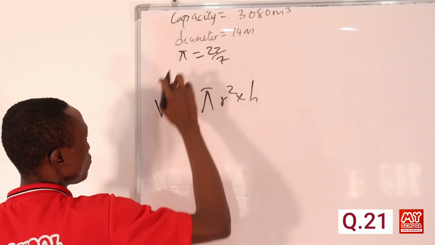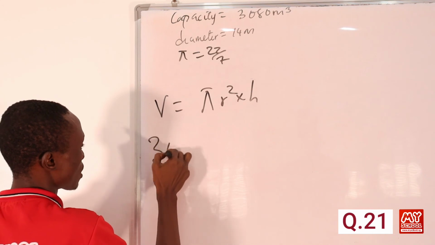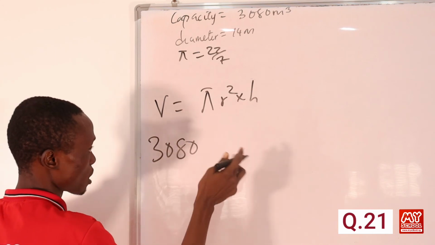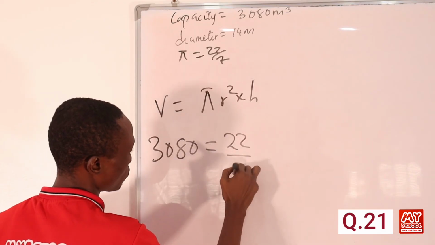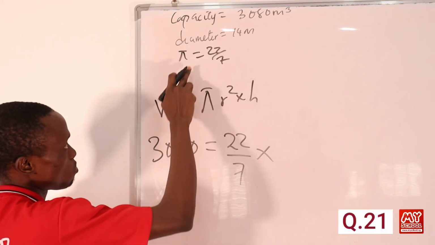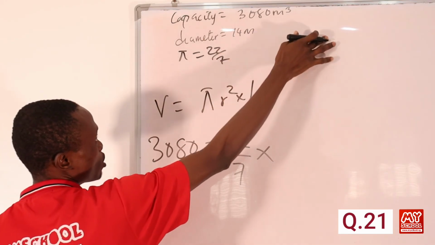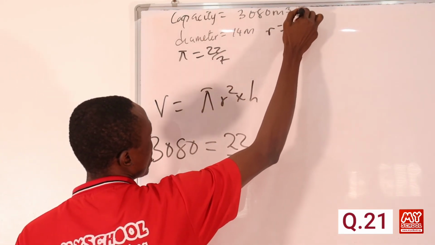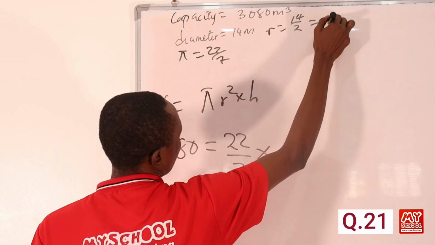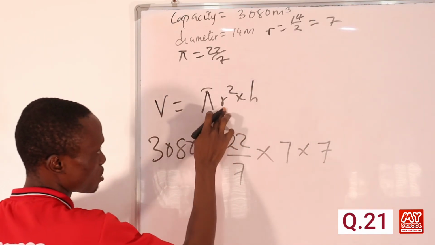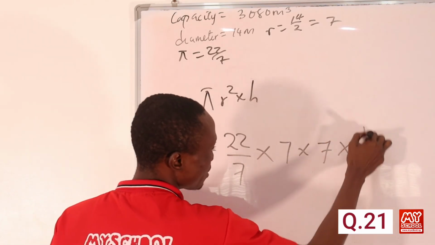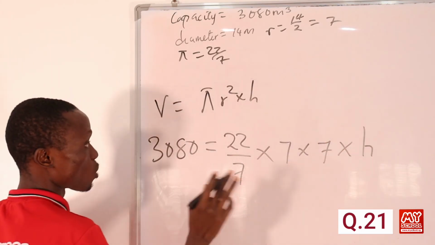Okay, so the volume has been given to us to be equal to 3080 meter cube, right? And we are asked to take pi to be equal to 22/7 times the radius. Now remember that diameter is equal to 2 radius. So since we need radius, we just divide this 14 by 2. That equals 7, right? So here we'll be having 7 times 7, since our radius here is squared, then times the height, which is the depth that we are looking for.